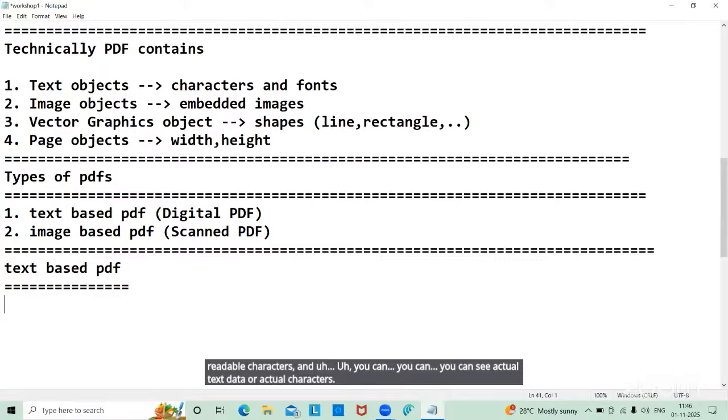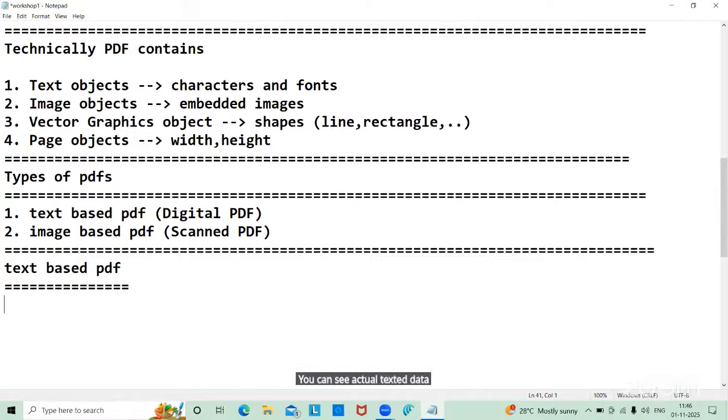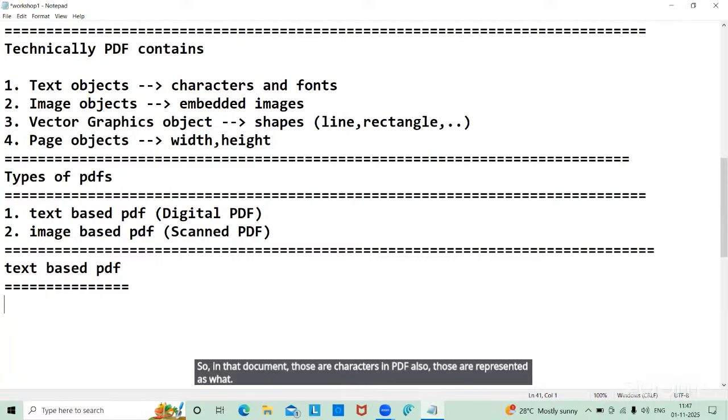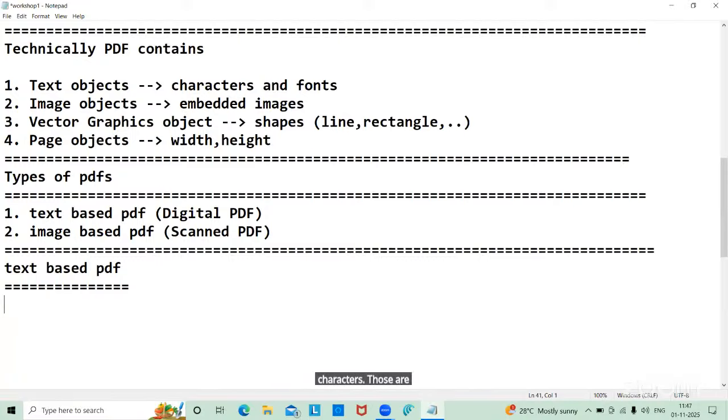It means this data is stored in the form of characters, because you digitalized, converting one document into PDF.